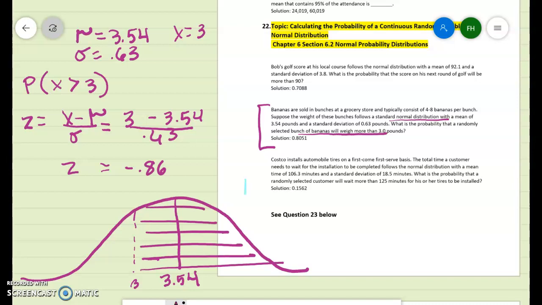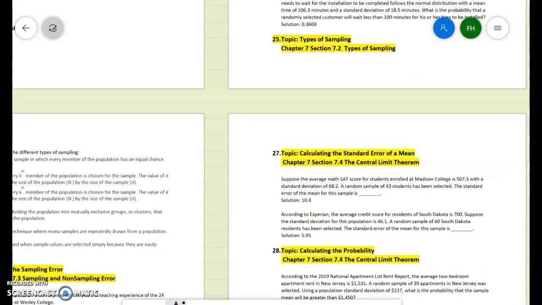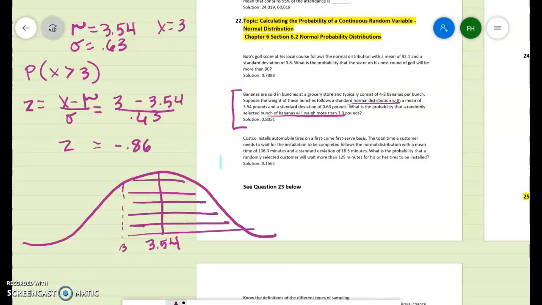Remember, we know everything under there equals 1. And remember that when you change it to a z-score, the mean is 0 because it's 0 standard deviations away, and your z is negative 0.86, so less than 1 standard deviation to the left.